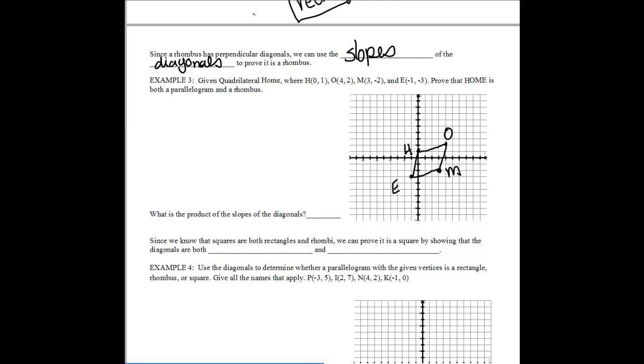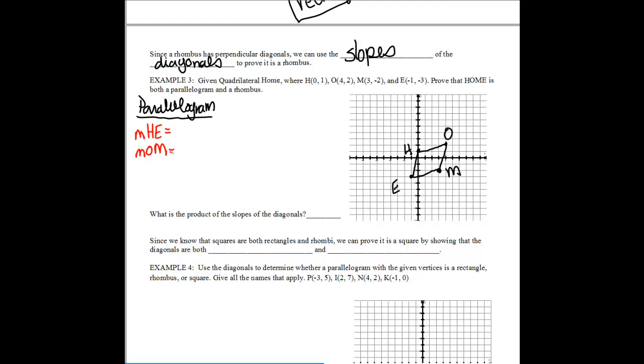Okay, so the first thing we have to do is prove that it is a parallelogram. So parallelogram, yes or no? So let's do the slopes of this side. So the slope of HE and the slope of OM.